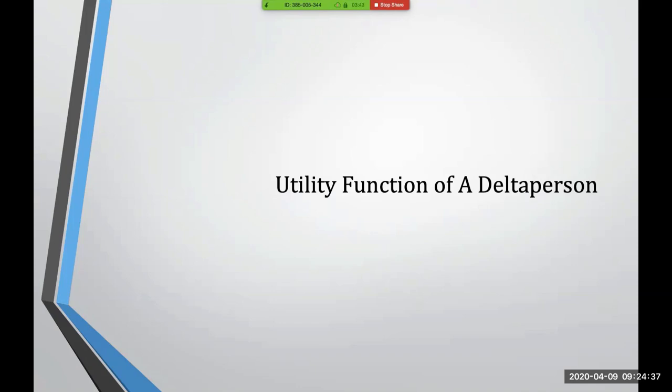In the first two classes of this chapter, we looked at what delta property is. When a person has delta property, we refer to that person as a delta person. After we learned what a delta person is, we looked at how we can value perfect information for a delta person in any specific decision situation. We also learned that a risk-neutral person is a special type of delta person, and we took a very quick look at that property in the last recording.